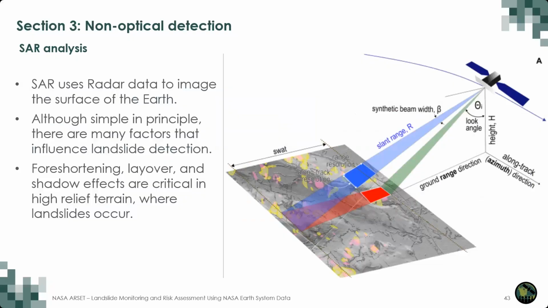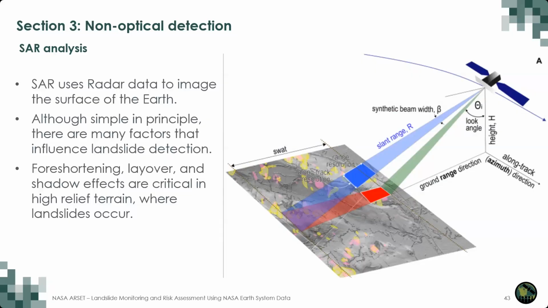So one key element is the use of SAR data. SAR stands for synthetic aperture radar, and this is using radar data to image the surface of the Earth. That sounds somewhat simple in principle, but there are many factors that influence the way in which landslides are detected. This schematic here shows roughly what's going on.